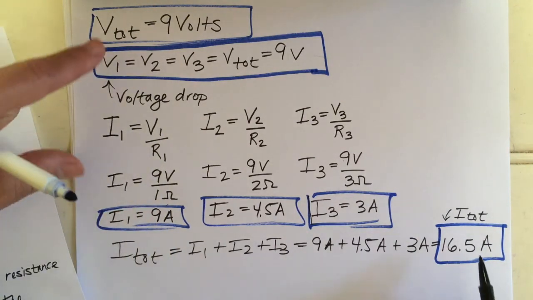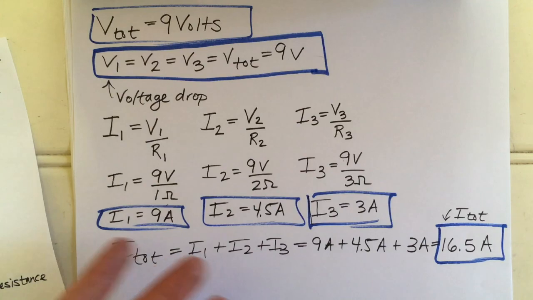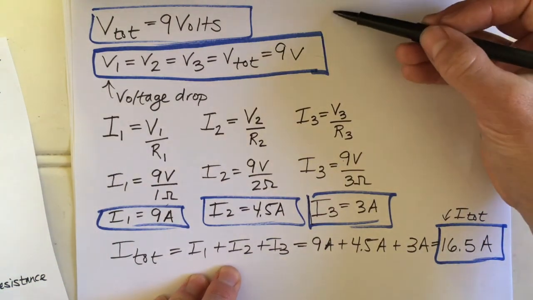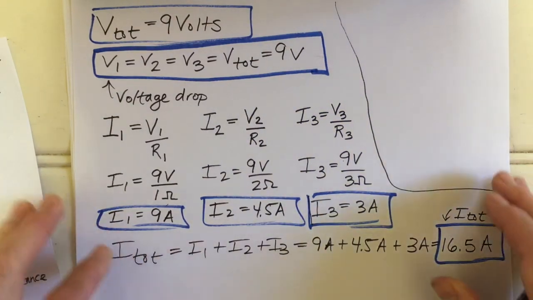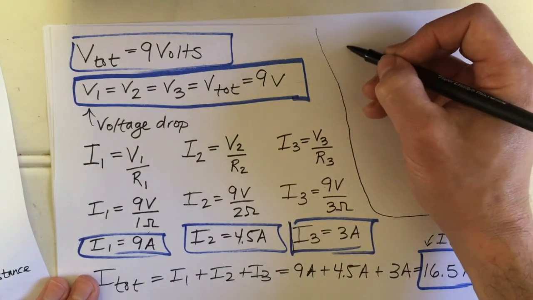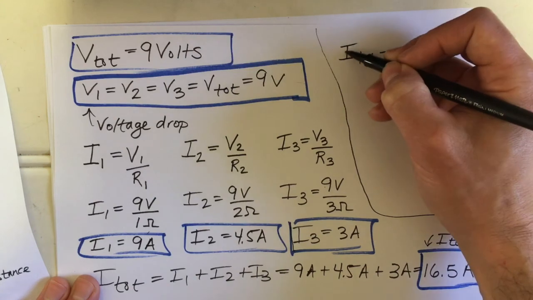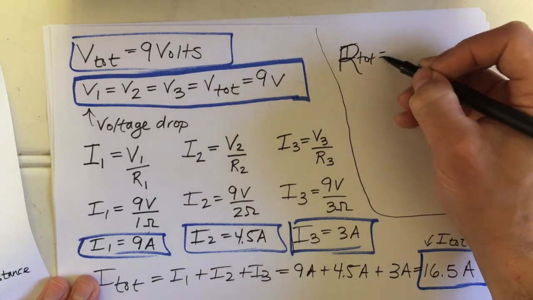What can we do with that? Well, we know V total and we know I total. And so instead of getting R total using our cool new formula, let's get it just using Ohm's law, right? Let's say R total is equal to what?